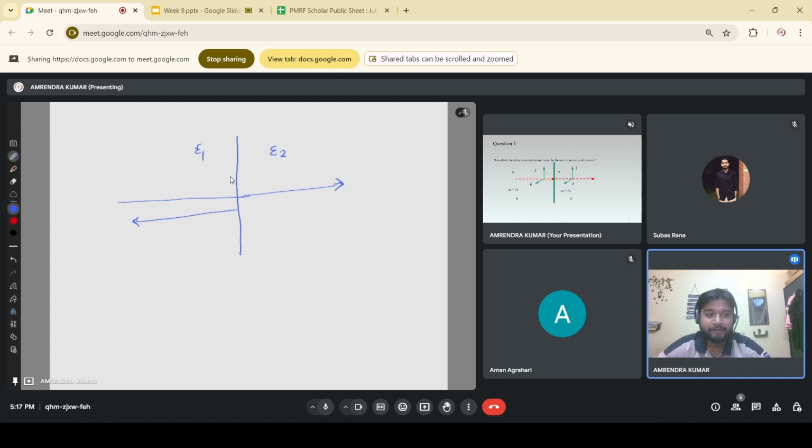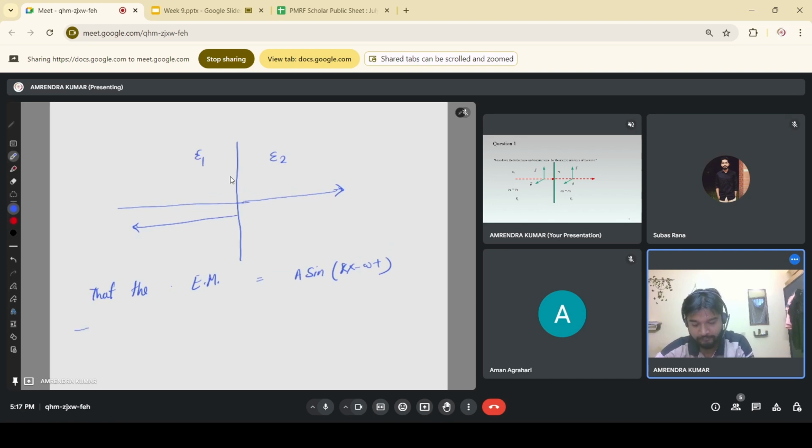Since we know from the previous tutorial session that EM waves have a plane wave solution, something like A sine(kx minus omega t), this is the kind of wave we are expecting, so we can write it down for medium one.